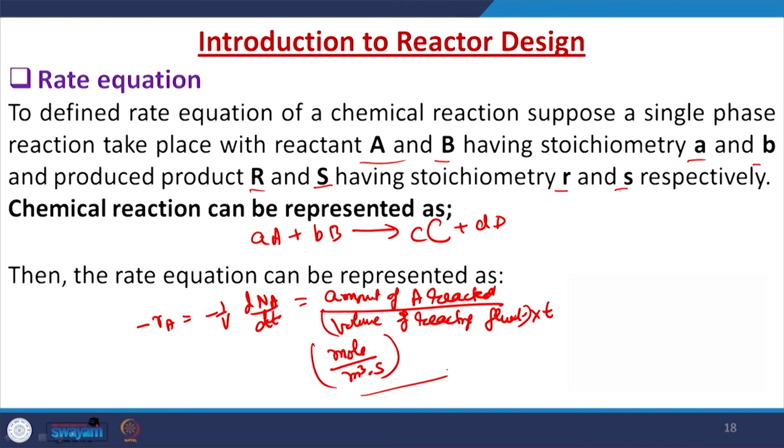So this is the rate equation for A and B. They both react with each other for the formation of R and S.